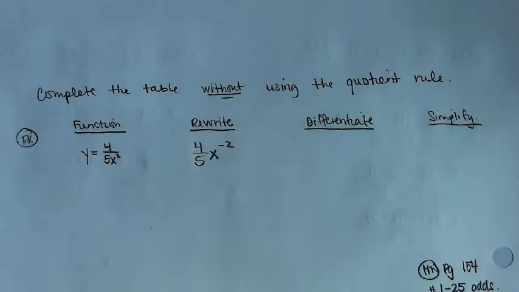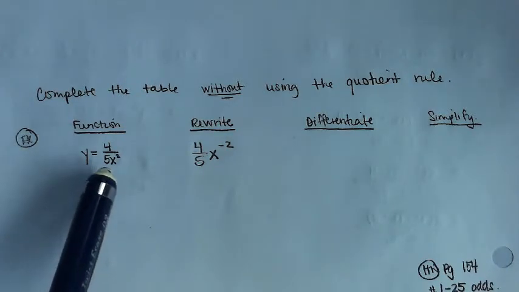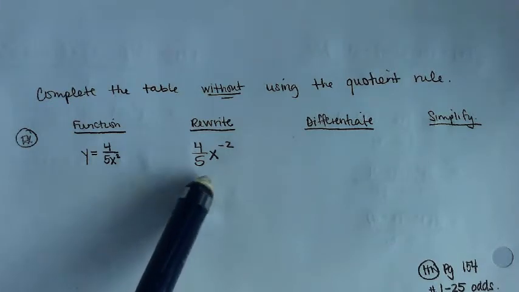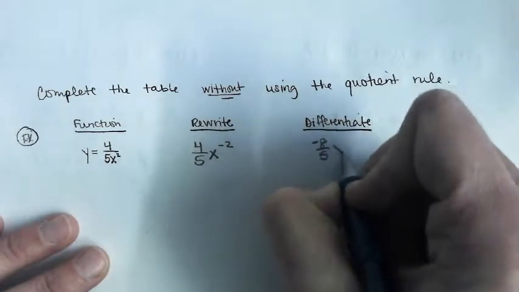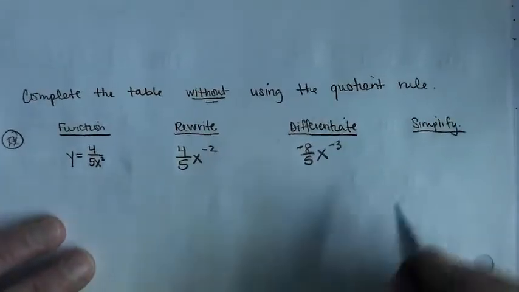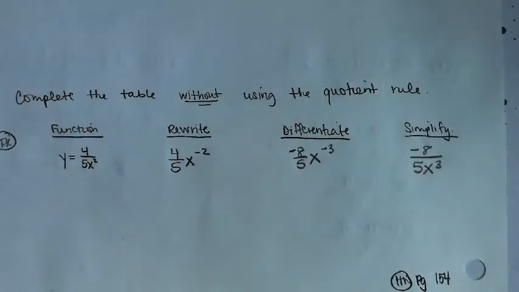So the quotient rule is great, but also try to start to look for what's most efficient, because the quotient rule here probably wouldn't be the most efficient. You could just rewrite it as a typical power rule, differentiate it, so negative 8/5 x to the negative third, and then clean it up, and it would be negative 8 over 5 x cubed.